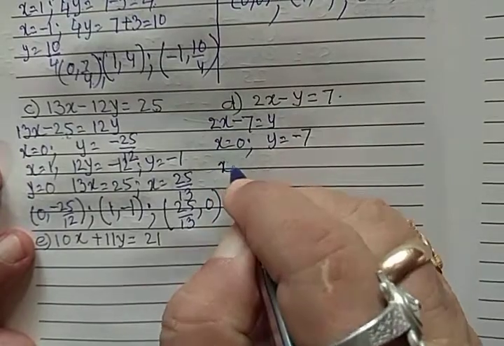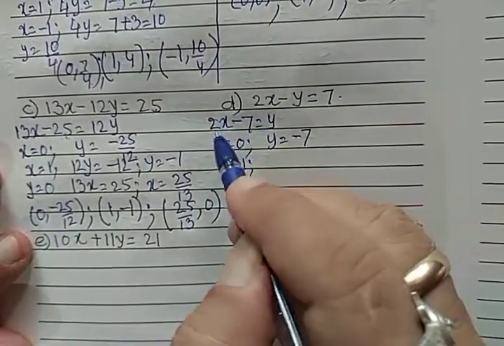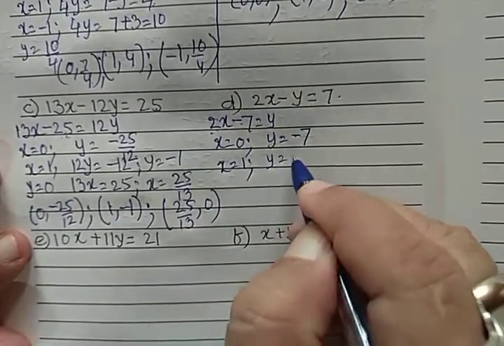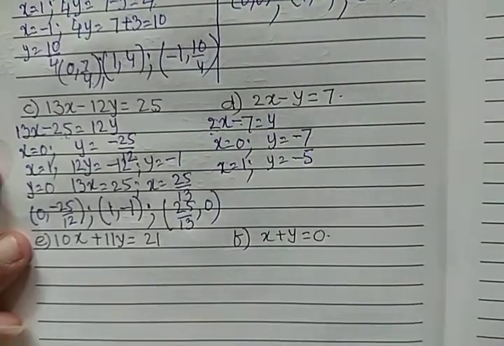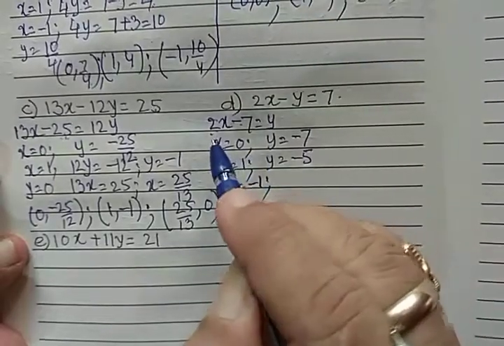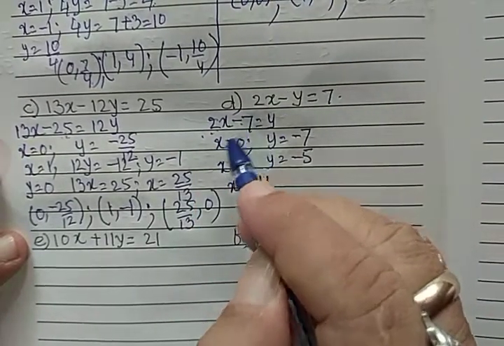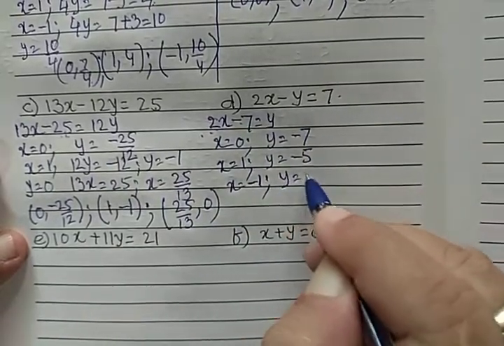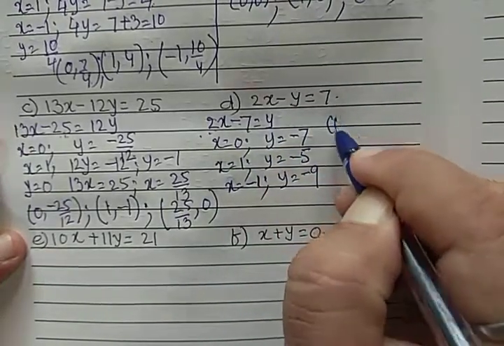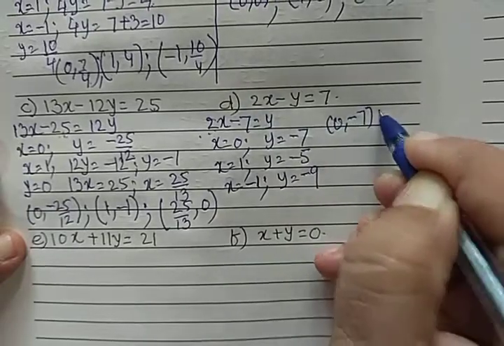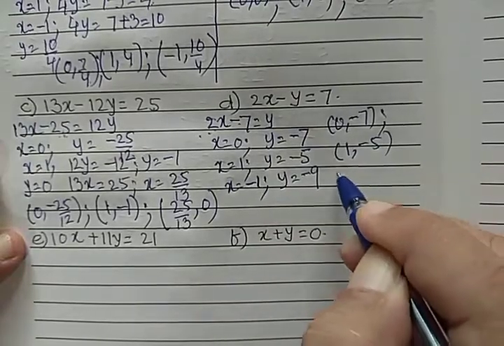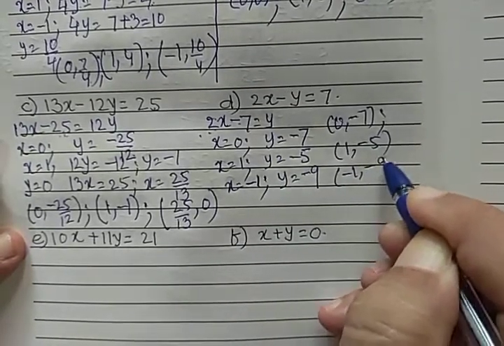If x is equal to 1, 2 into 1 is 2, minus 7 is minus 5, y is equal to minus 5. If x is equal to minus 1, this becomes minus 2, minus 7, minus 9, y is equal to minus 9. So what are the three solutions? One is 0, minus 7. Second one, 1, minus 5. Third one, minus 1, minus 9.